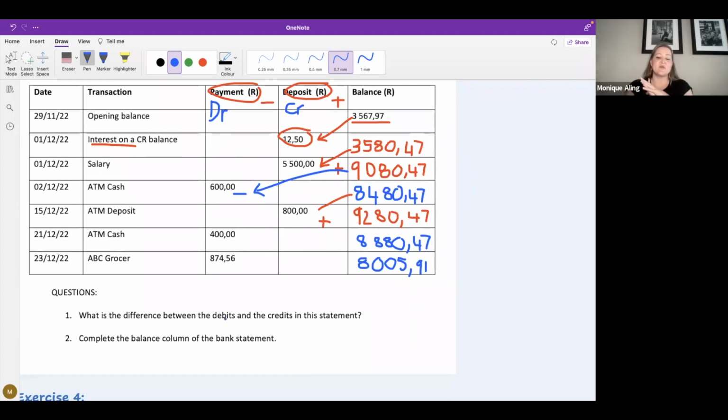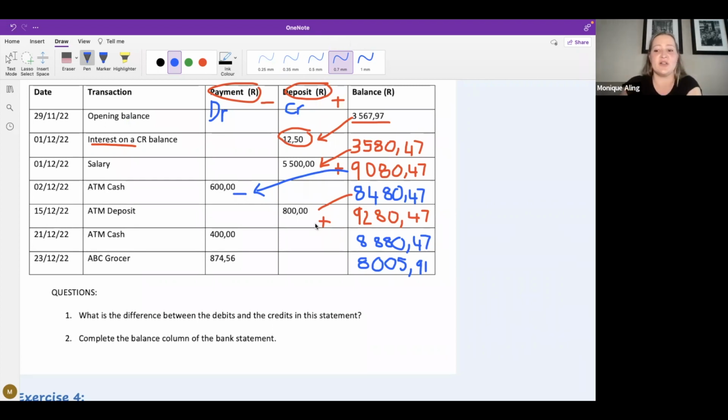Okay, so the difference between, you would say that our debits are under the payment column, which means money is leaving the account. Credits are under the deposit column, and it's money coming into the account.